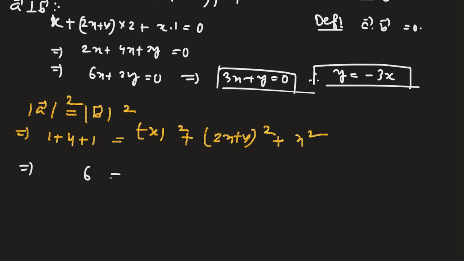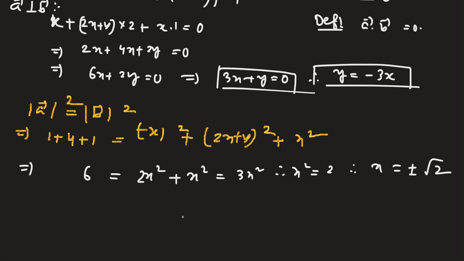So 6 x squared, here is x squared, so we can write 2x squared. Now y is minus 3x, so 2x minus 3x is minus x, whole squared is again x squared, so we have 3x squared. So now x squared is 2, so x is equal to plus and minus root 2. What about y? y is equal to minus 3 times x, so minus and plus 3 root 2.